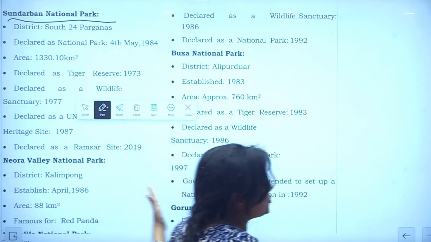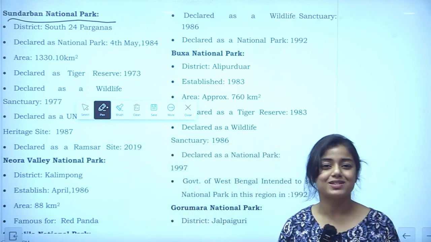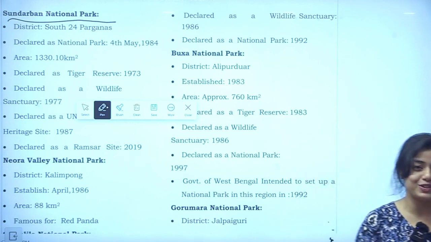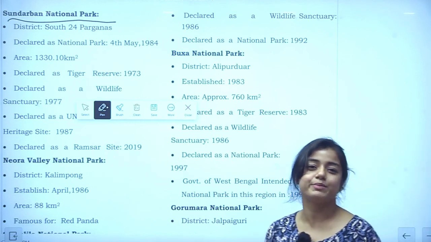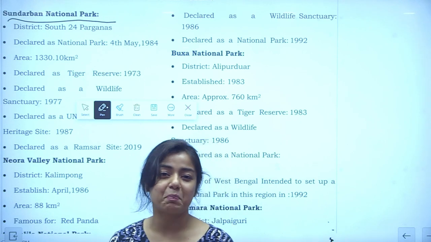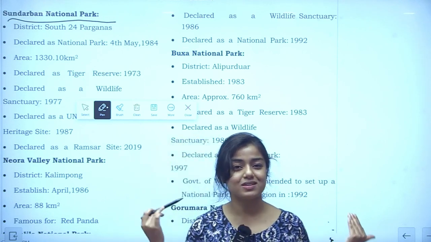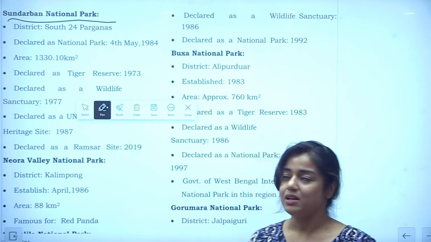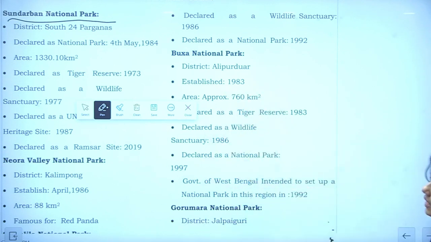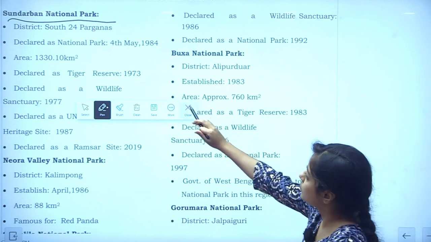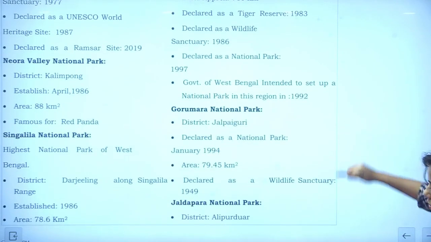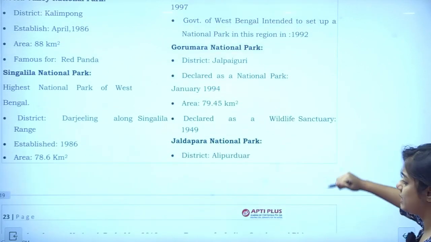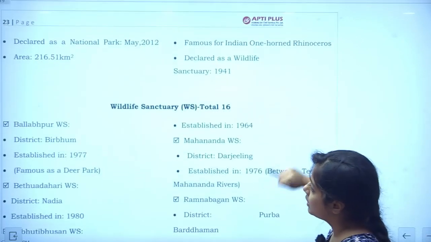Whether you are a mains student, a prelims student watching this video, or an optional geography student, since we are in West Bengal, Sundarban is our pride. It is our duty to know more and more about this area. So please read it line by line, and about all the other national parks as well. I don't have to explain anything, I just scroll this part.